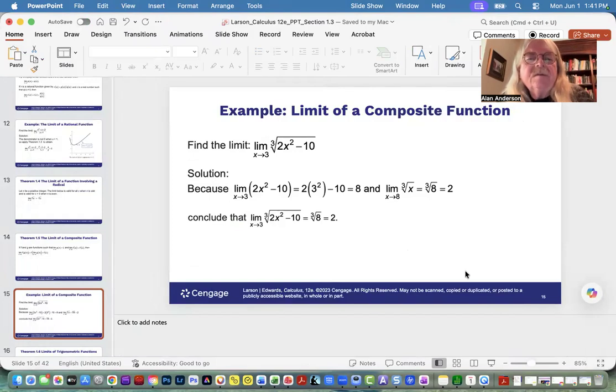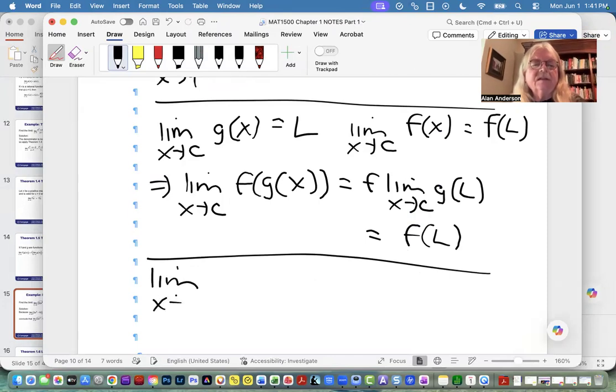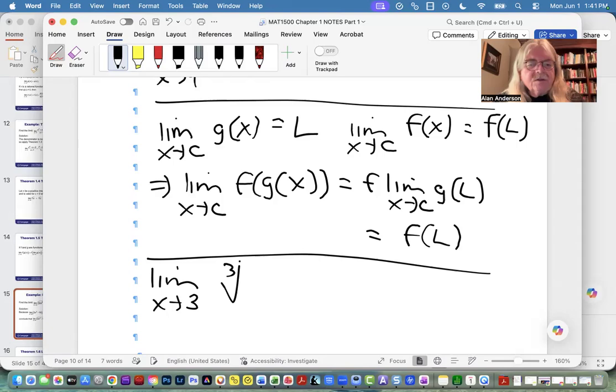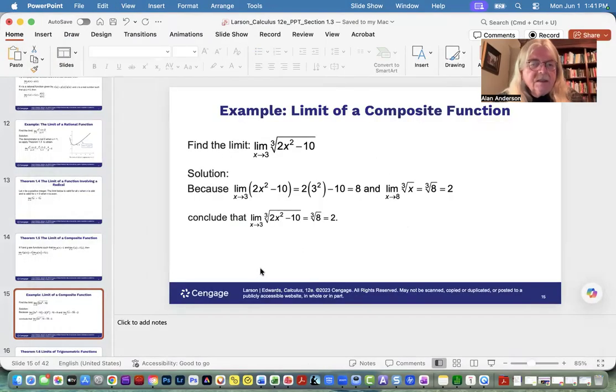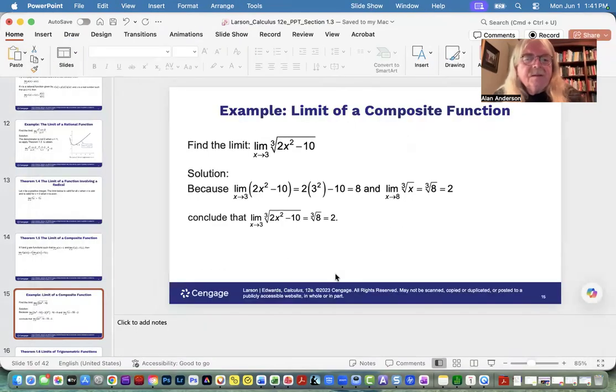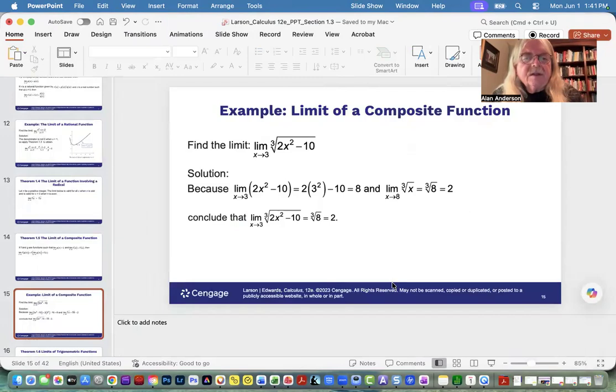Here we have the cube root. By the way, sometimes this isn't even really necessary. Like here, you could see direct substitution would take care of this one, but they want to illustrate this principle. Cube root of 2x squared minus 10.